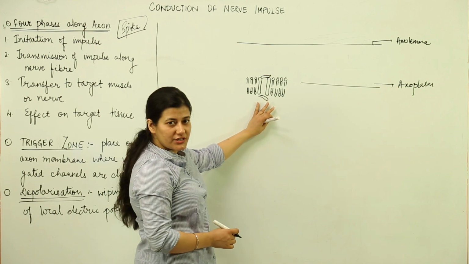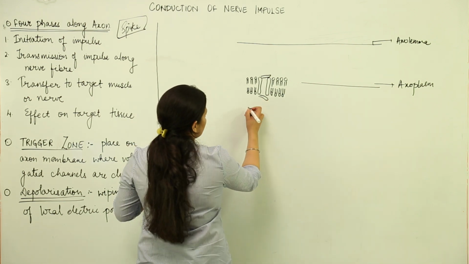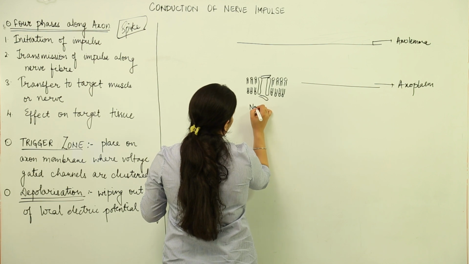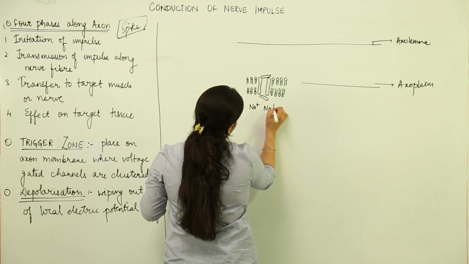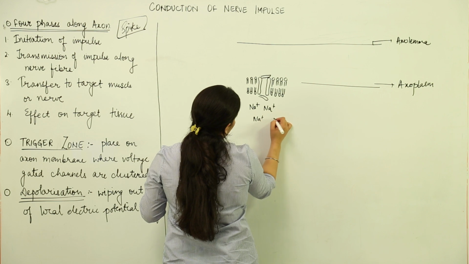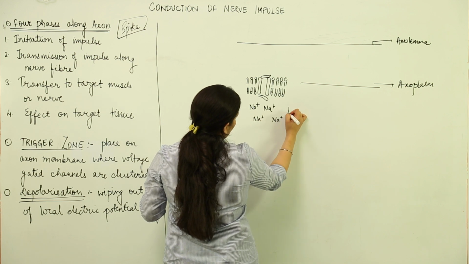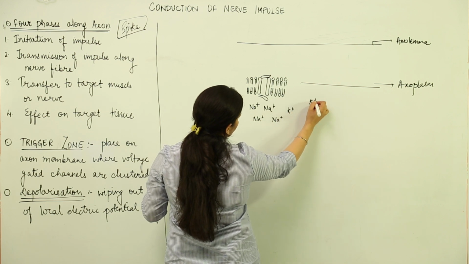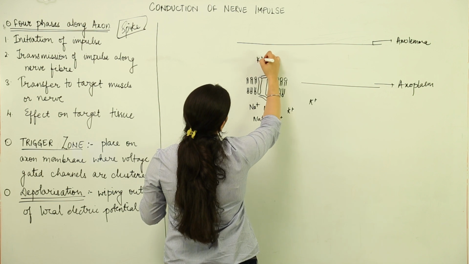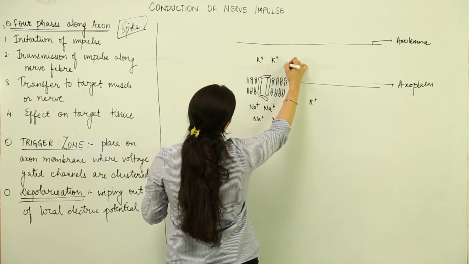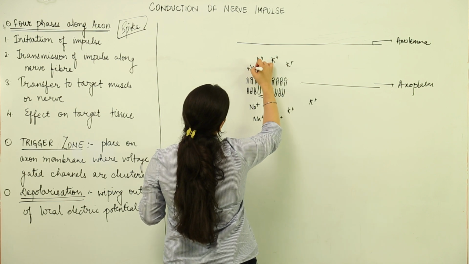There are voltage gated channels. There is a concentration of sodium ions outside, lots of sodium ions and lesser potassium, and more potassium and yet lesser sodium inside.